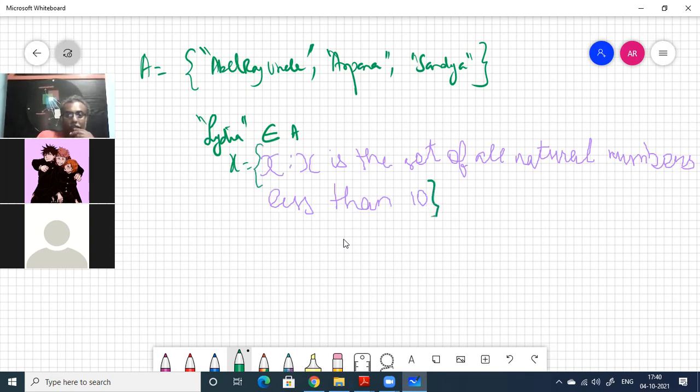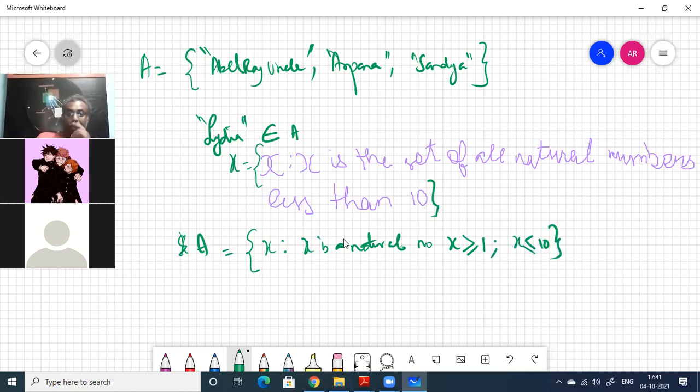This is also one possibility. Another possibility, A is equal to {x : x is a natural number, x greater than or equal to 1, x less than or equal to 10}. This also you can write.